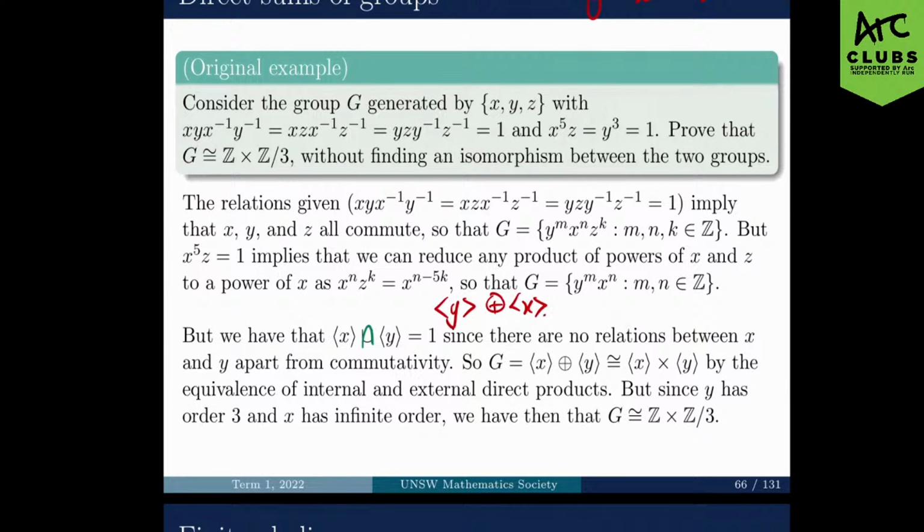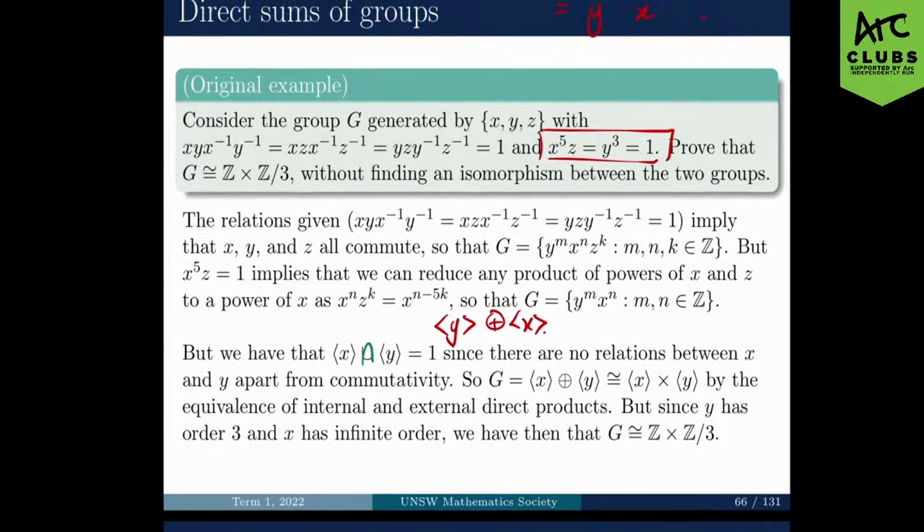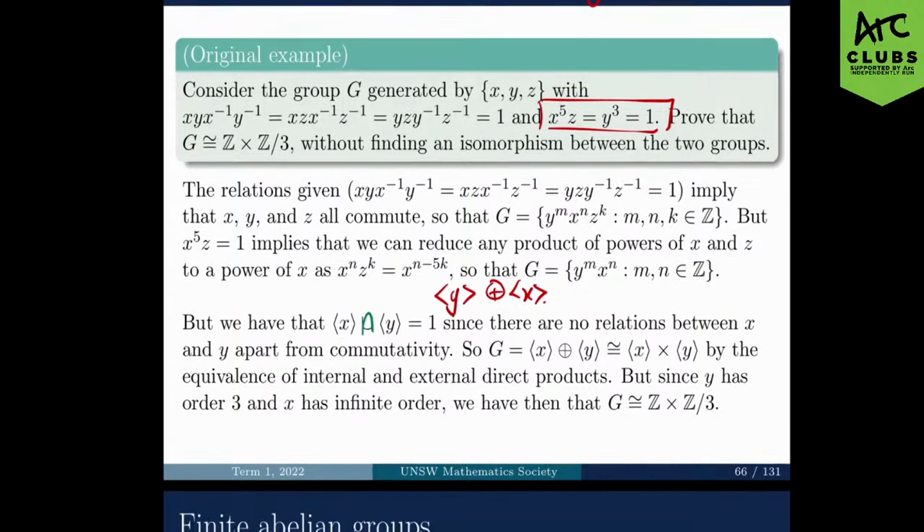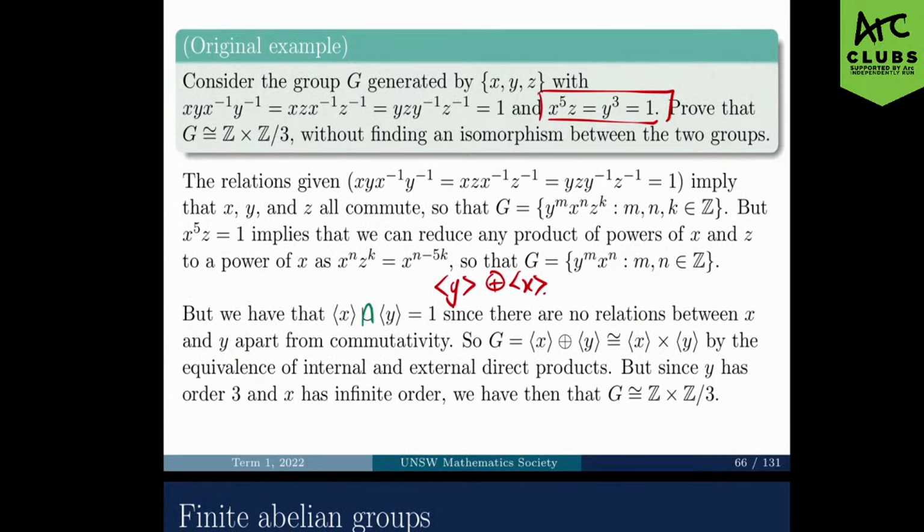We know that x and y don't actually interact because we're just given these formulae, and whenever we're given these formulae, all it means is that there are no other relations. So y and x are different, they don't interact. So this group is equal to the direct product of the group generated by y and the group generated by x. And so that's actually isomorphic to the external direct product.